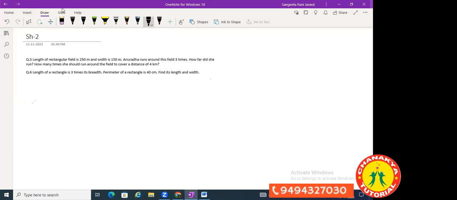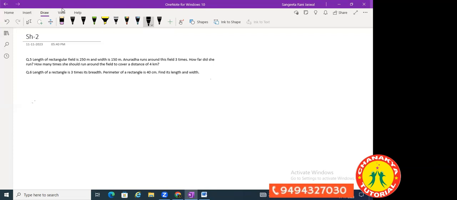Now see the question number 5. Read the question with me first. Length of a rectangular field is 250 meters and width is 150 meters. Now length is 250, width is 150. So generally when we write, now see here, Swetej, you were asking, in the previous question I had written 12 into 8.